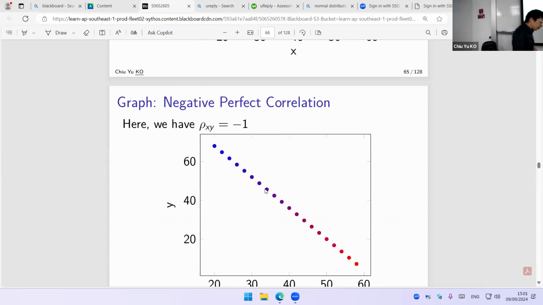Right? So that is very simple, right? The closer to negative, the more negatively related; closer to positive, the more positively related, right? So this gives us a good measure of how two variables are related, right? And because it is normalized, you can compare two data sets, right?